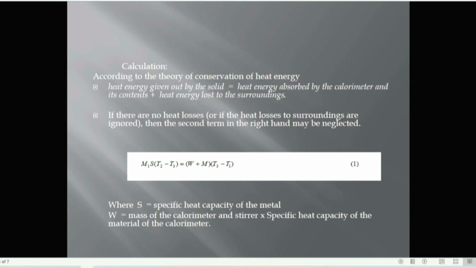So we are left with equation 1, which is M1 S (T2 minus T3). Earlier I explained what M1, T2 and T3 are. S is the specific capacity of the metal block that you want to determine. W represents the mass of the calorimeter multiplied by the specific capacity of the material of the calorimeter.